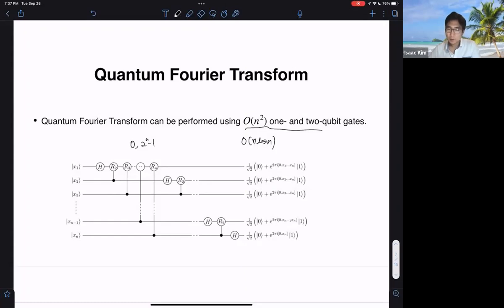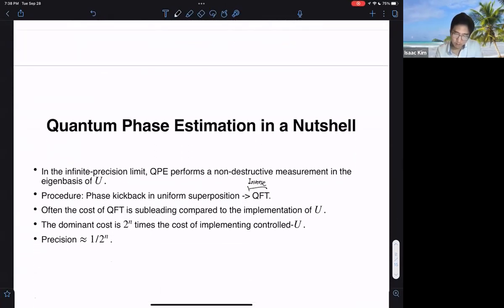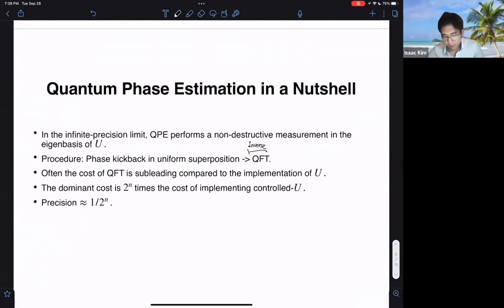The total number of entries in the vector scales exponentially with this little n. So naively, you might have expected that this would scale exponentially with little n. Actually, it only scales polynomially. It's one of the wonders of quantum computing, but this is possible. And for our purpose, the important thing is that we can actually implement the quantum Fourier transform efficiently.